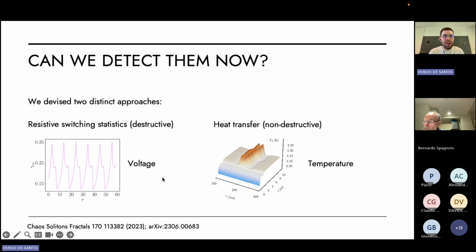The two approaches are different also because in the voltage approach, we need to destroy breathers in order to detect them, whereas the temperature signature would be a truly non-destructive signature of the bound state. So we would be probing the actual breather mode as it's going through its oscillations.